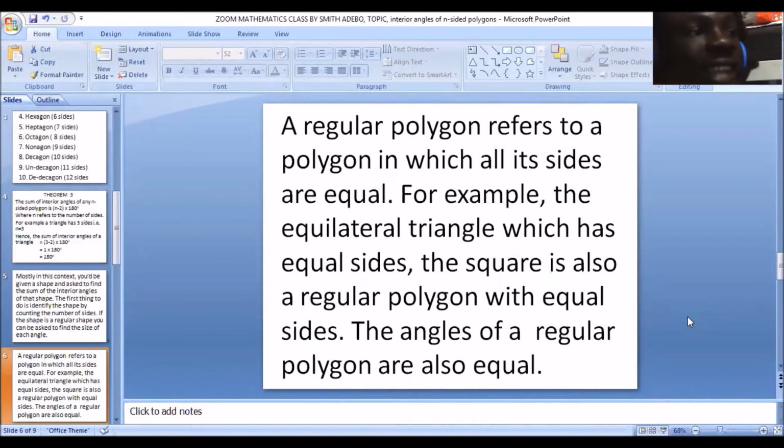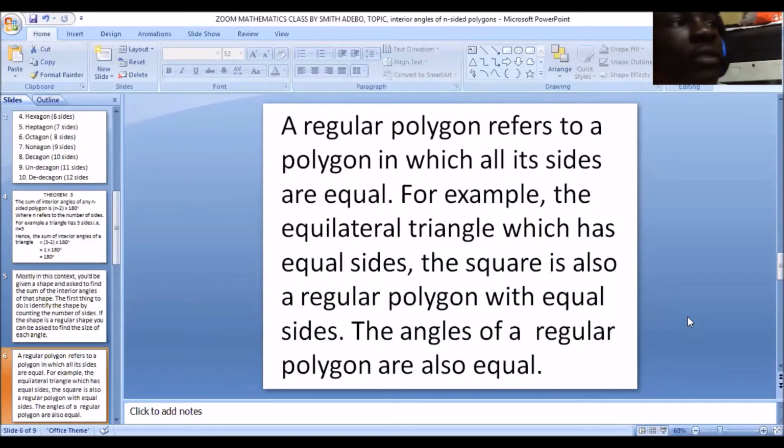If all the sides of a polygon are equal, it means all its angles are equal. What am I trying to say? An equilateral triangle has equal sides. An equilateral triangle is a regular polygon, meaning each angle will be 180 divided by the number of sides, which is 3. Each angle will be 60 degrees, and a square is a regular polygon in that order.